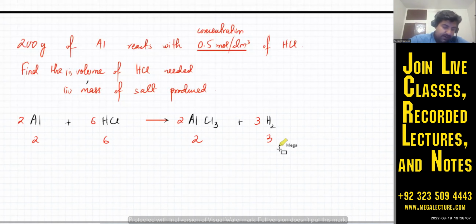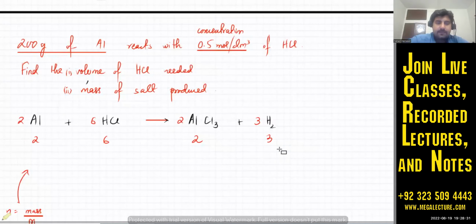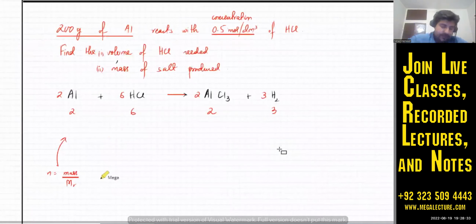अच्छा first thing, 200 grams of aluminium. If I look at 200 grams of aluminium, I'll be able to find out the moles. Okay, aluminium के moles क्या होंगे? Moles is mass divided by the molar mass. So the mass is already given. It's 200 grams.